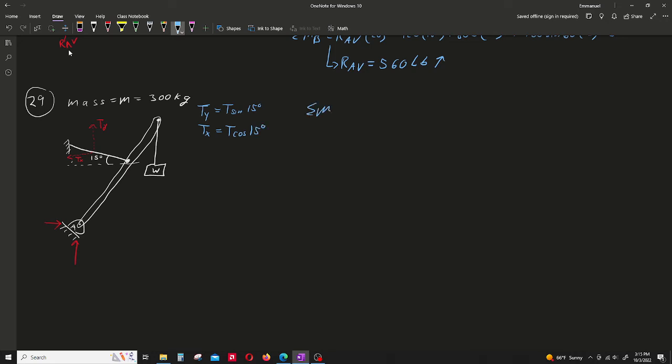So sum of all of our moments at A is equal to T cosine of 15 times 2.6, which I kind of forgot to add in those values for you here. So the values that they give you is more at an angle versus straight up.